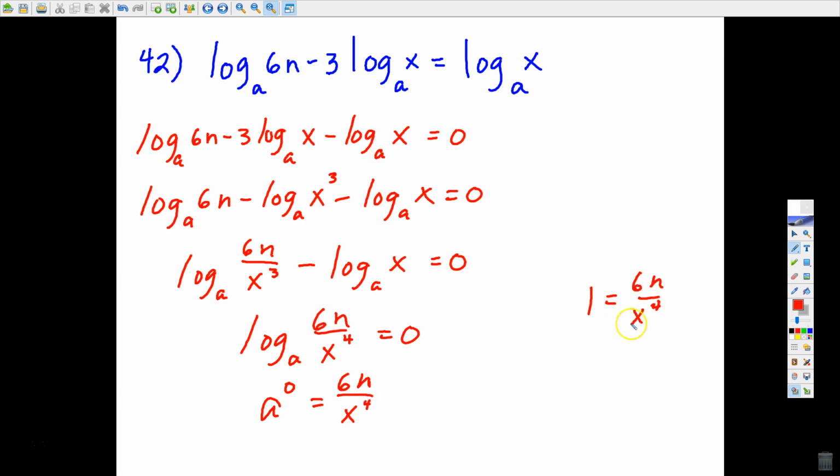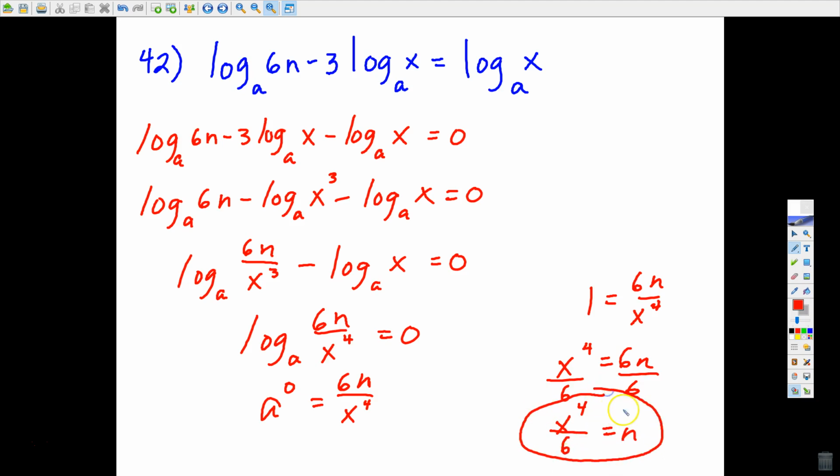And I'm going to multiply by this denominator, both sides. X to the fourth equals 6n. And now it's pretty easy to solve for n. I just divide by 6, and I get x to the fourth over 6 as my answer. So n is x to the fourth over 6.